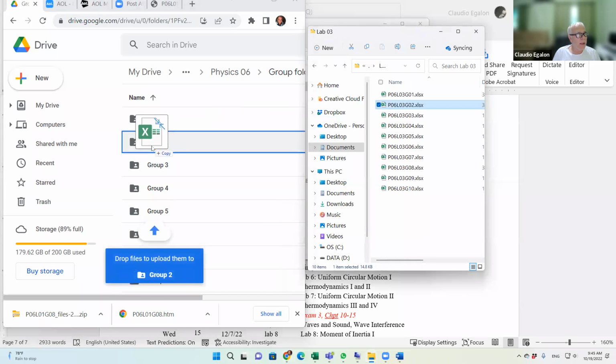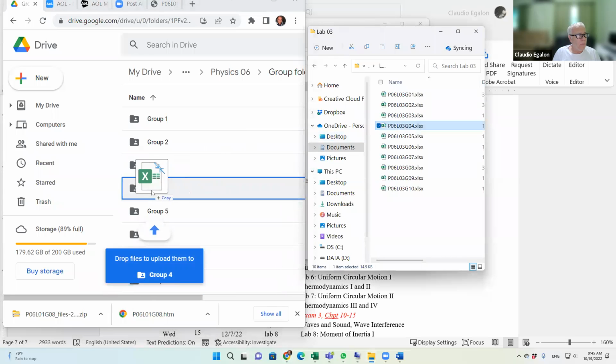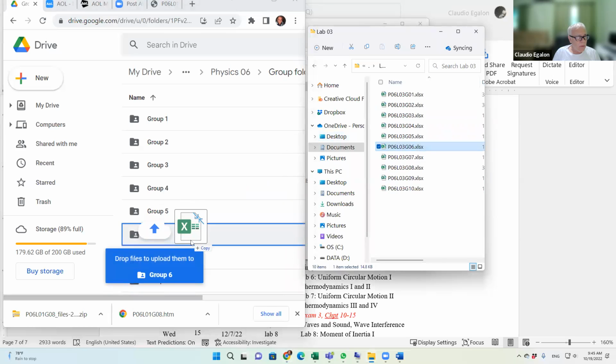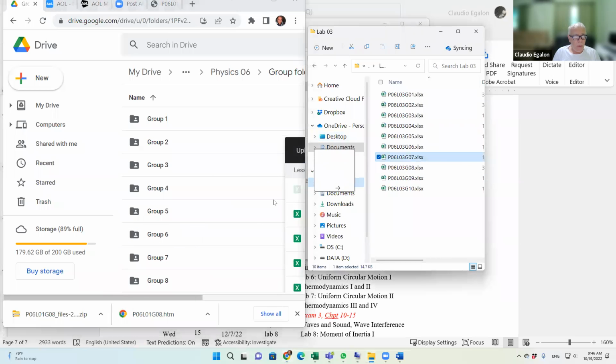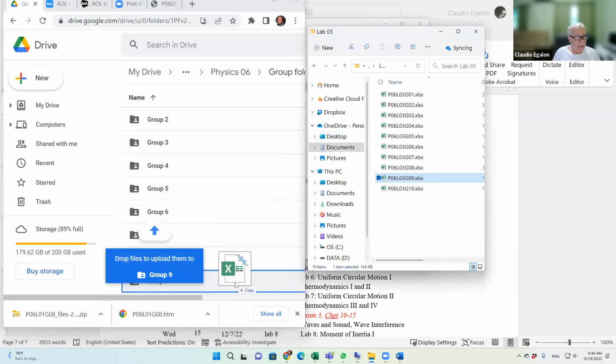Group 2, you have the spreadsheet for the 3rd experiment. Group 3, Group 4, Group 5, Group 6, Group 7, Group 8, and Group 9.